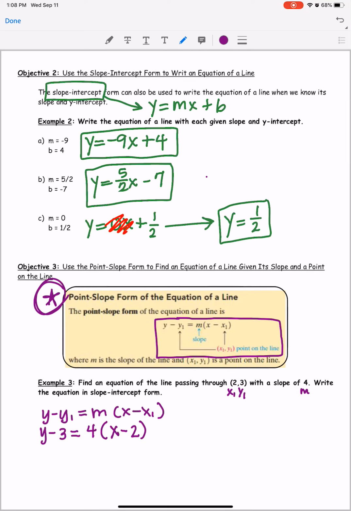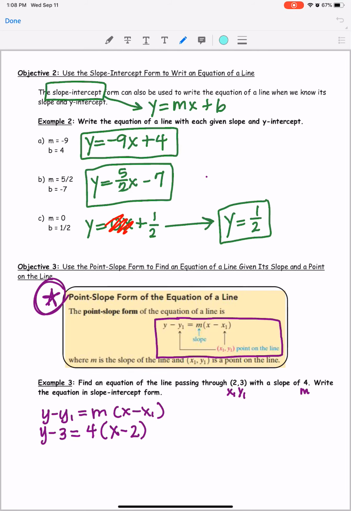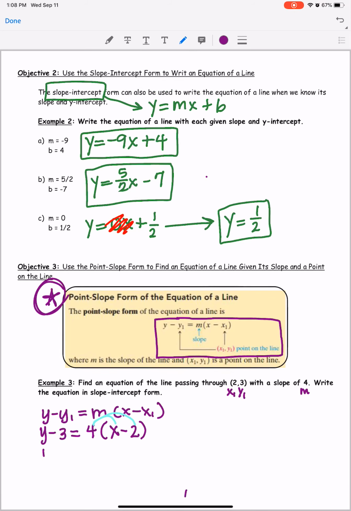So now that I'm putting this in slope-intercept form, that simply means solve it for y, right? This is y equals. So you're going to do the same 2 steps every single time you do this. First, you're going to distribute your slope to these parentheses. So we get y minus 3 equals 4 times x is 4x. 4 times a negative 2 is a negative 8.